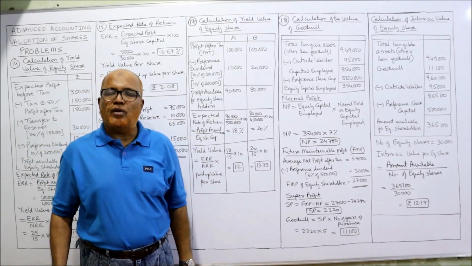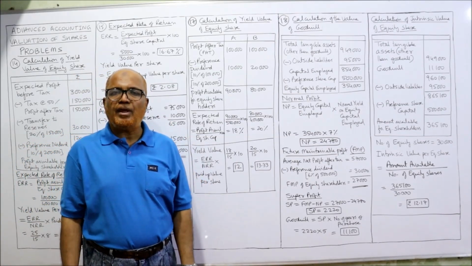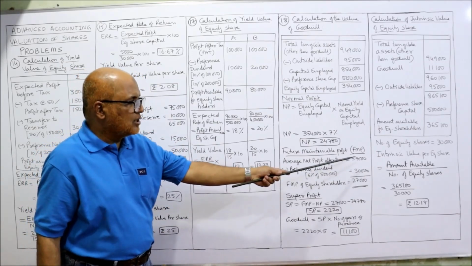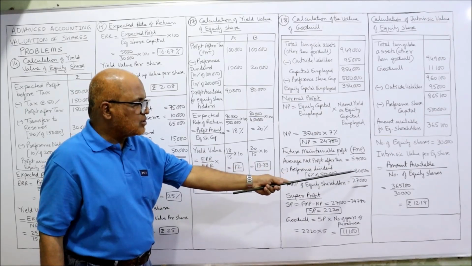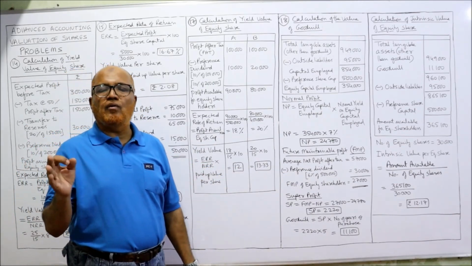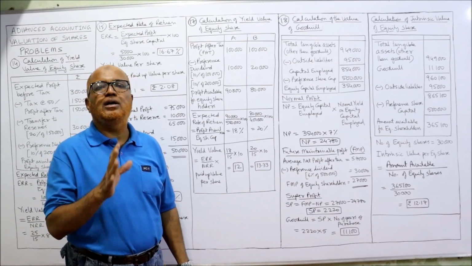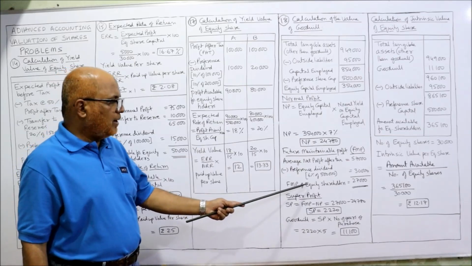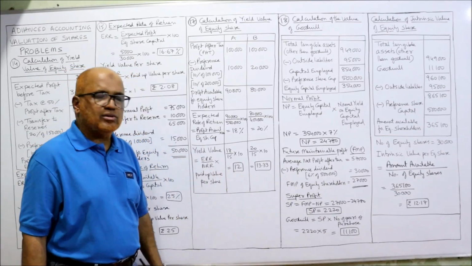So from the average profit, subtract preference dividend. The preference dividend is 6% of 5,00,000, that is 30,000. So deduct: 57,000 minus 30,000, 27,000 is the profit available for equity shareholders. And this is the FMP. FMP of equity shareholders is 27,000.